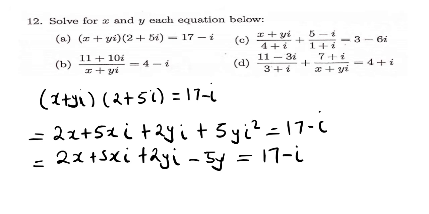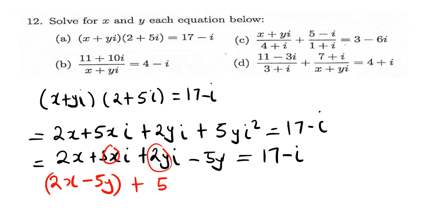Okay, so let's now solve the other part. I'm going to put the ones with i together and factorize them, and put the ones with just numbers alone. Because these are complex numbers, you can't mix them. So I'm going to have 2x minus 5y as the real part, then plus the other one, 5xi plus 2yi.